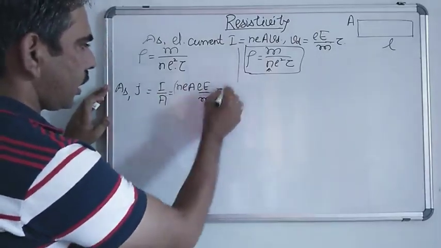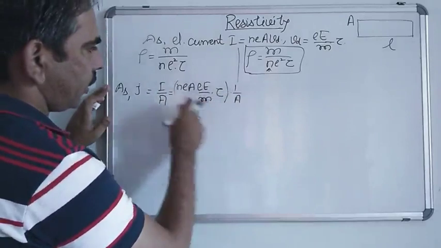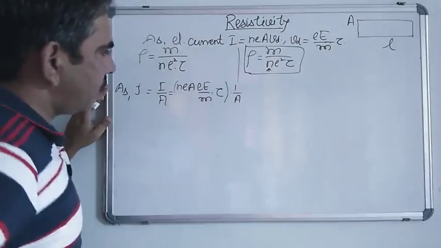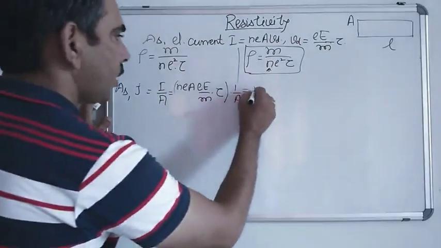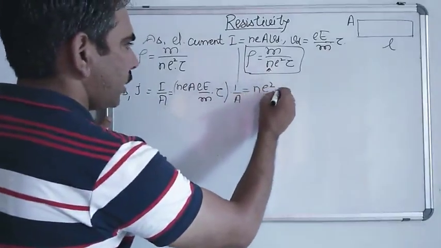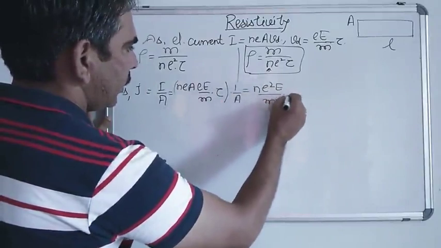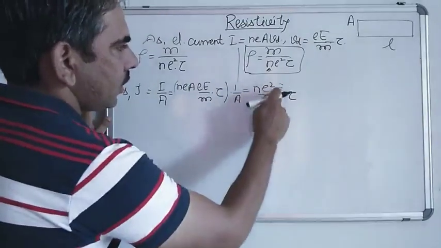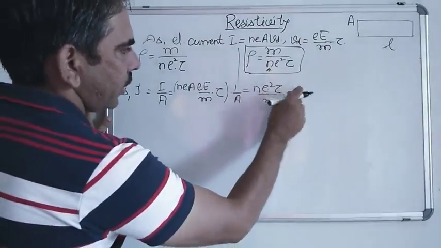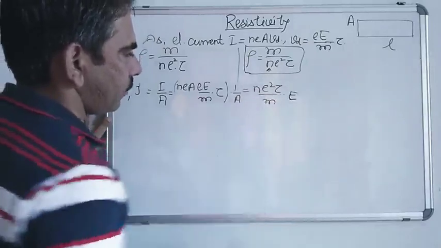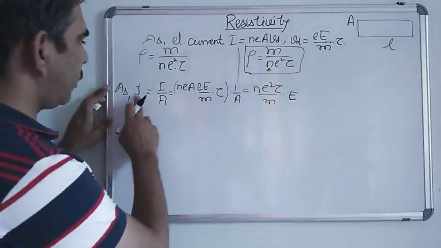So this is current divided by A. From here, if we divide, it becomes n e square E tau upon m. So this is the expression for the current density.